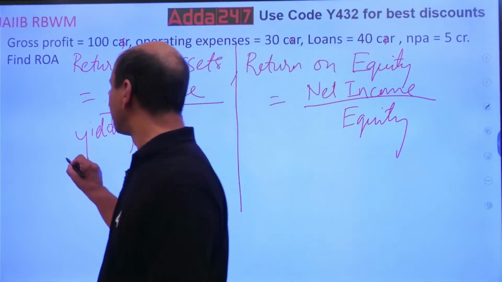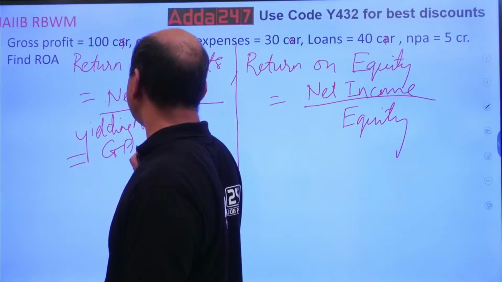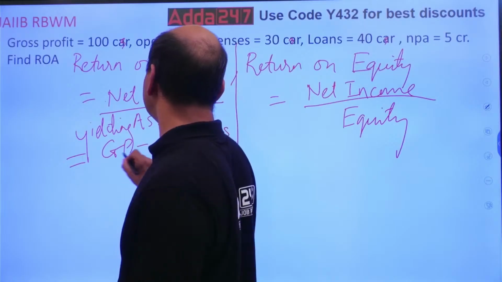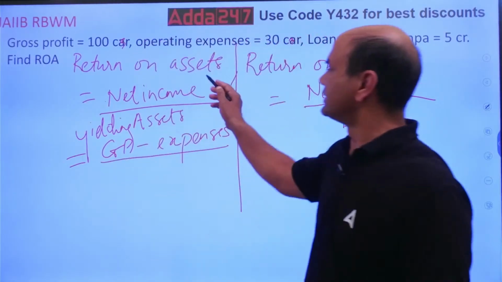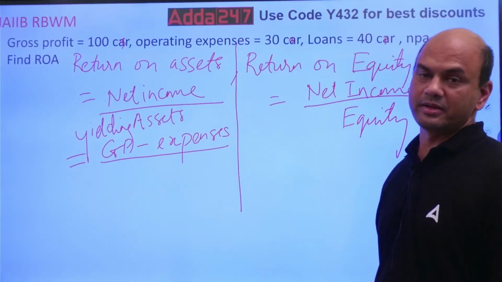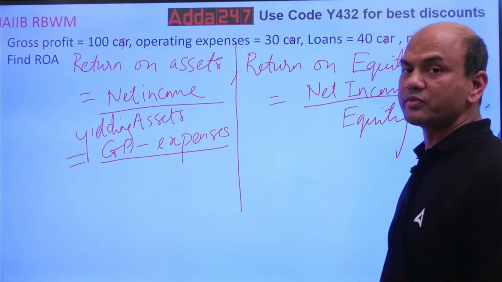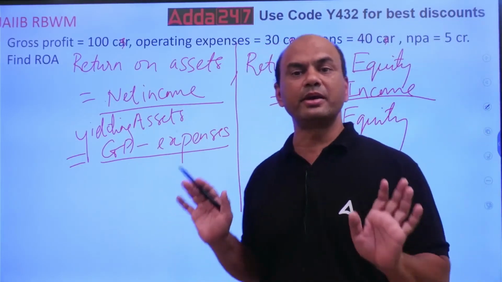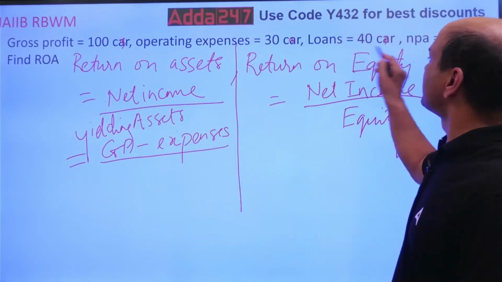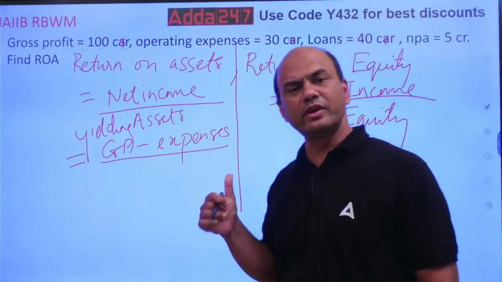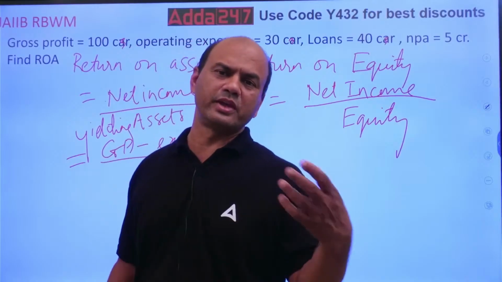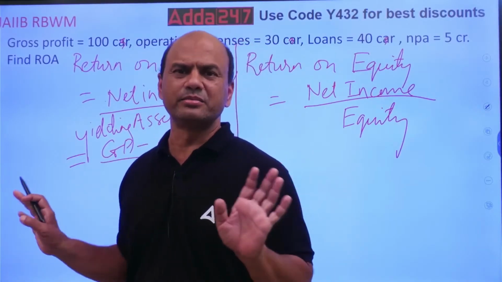Yes, gross profit minus expenses, or you call it operating expenses. This is net income, gross profit minus operating expenses, divided by yielding assets. Yielding means which give you some income. Now what is given over here? Loans is 40 CR. NPA, is it giving you any income? What is NPA? NPA means which does not give you EMI or interest, basically income.